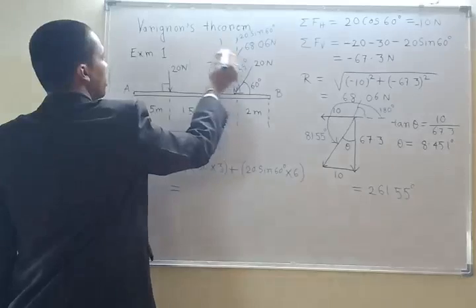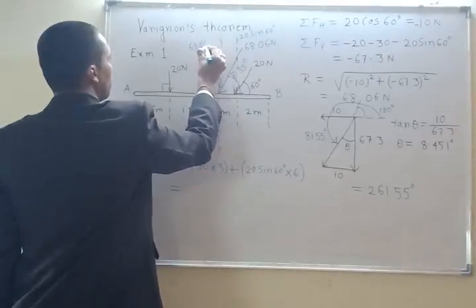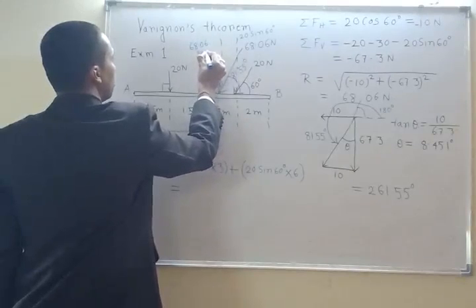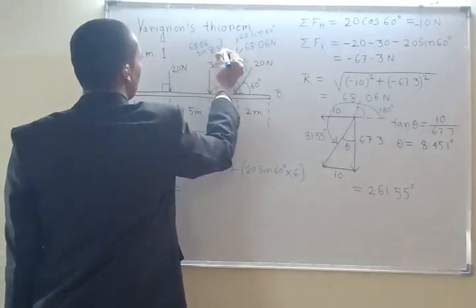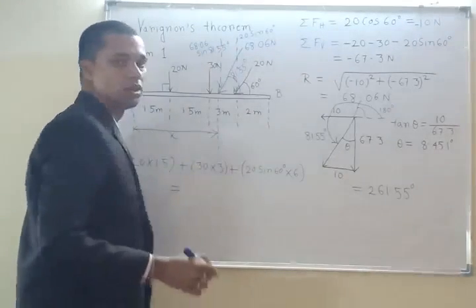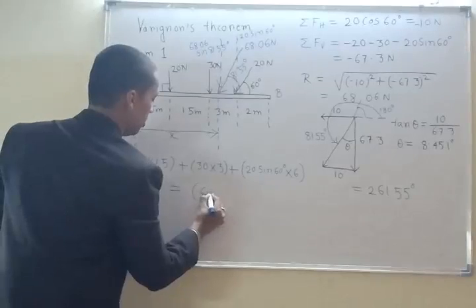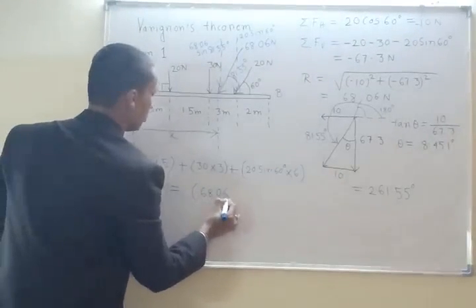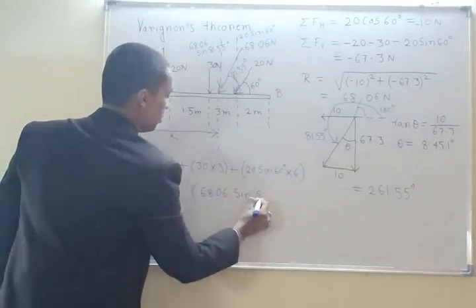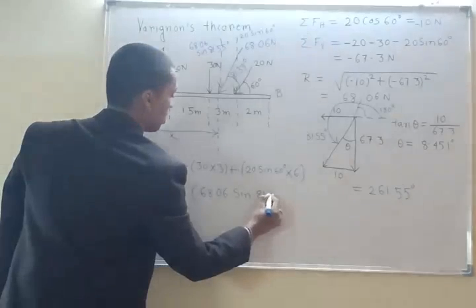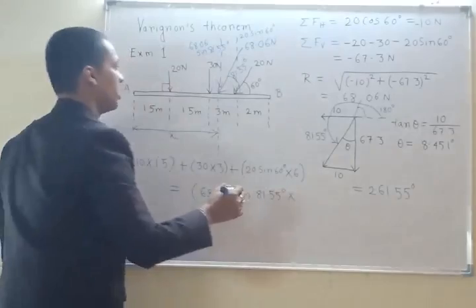The sine component is 68.06 sine 81.55 degrees multiplied by the distance.